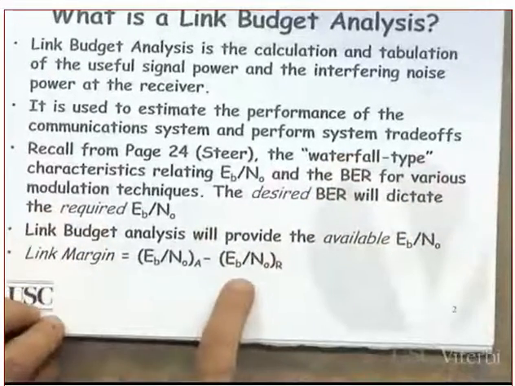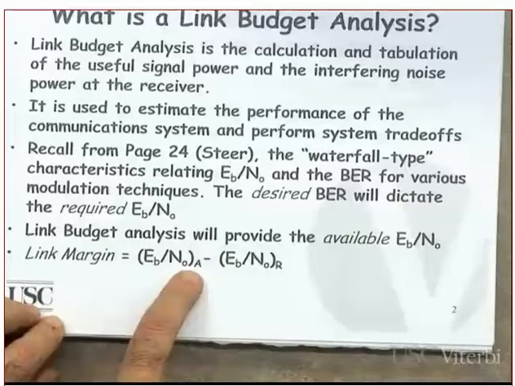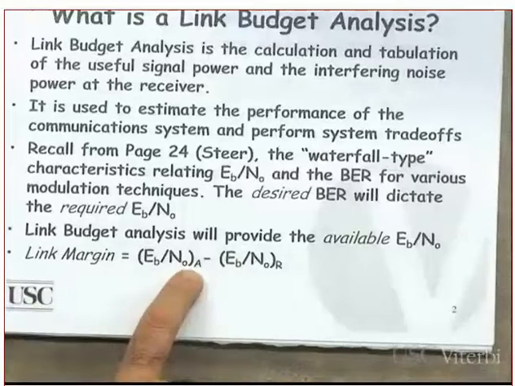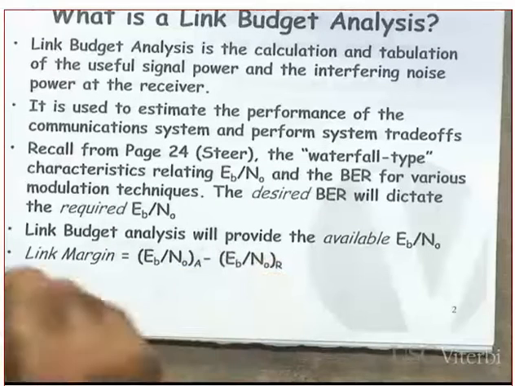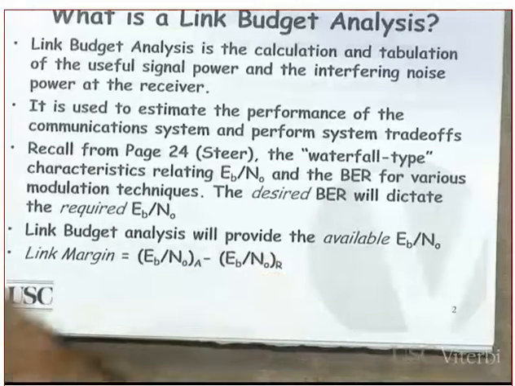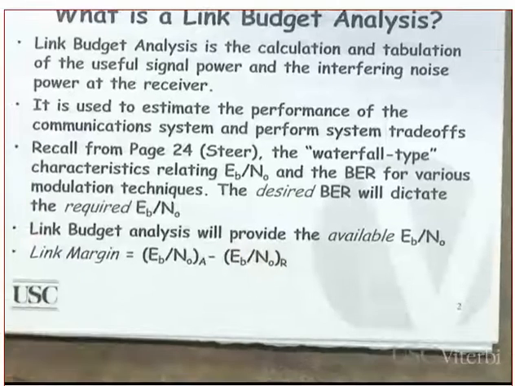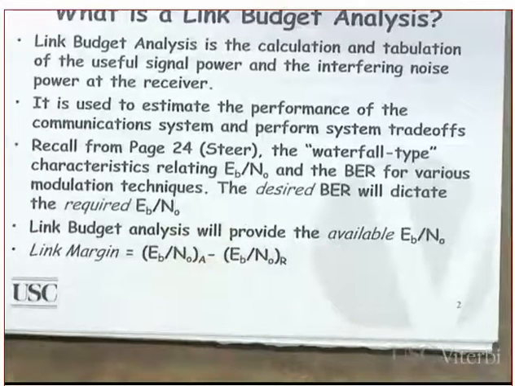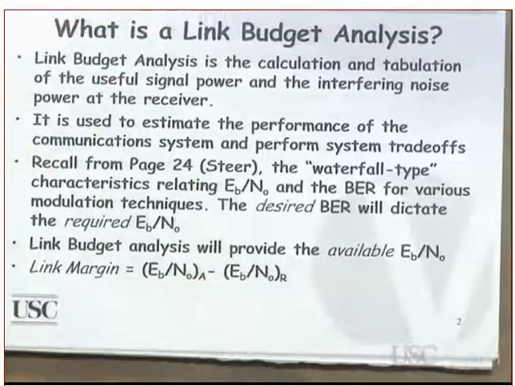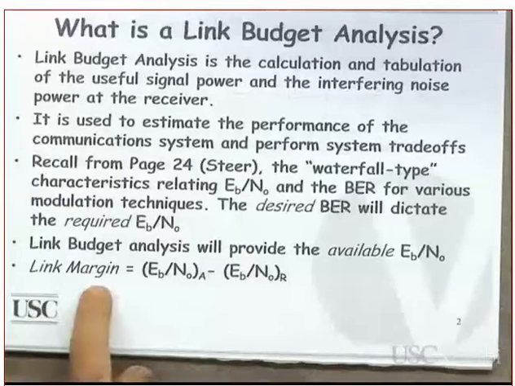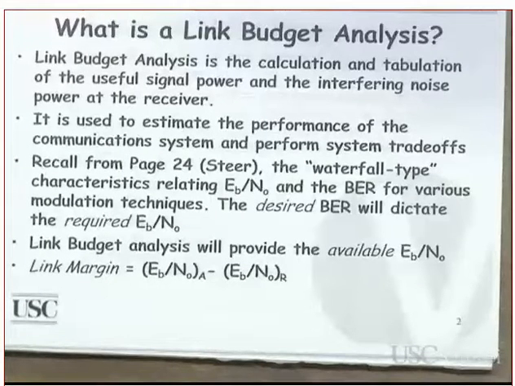Did you understand this equation? What is the A one more time? Available, from the link budget. Required, either from cookbook equations or via simulation. This is not coming from the link budget. The difference between them is the link margin. Clear? I need to make the link margin at least 0. If it is 0, what will it tell you?